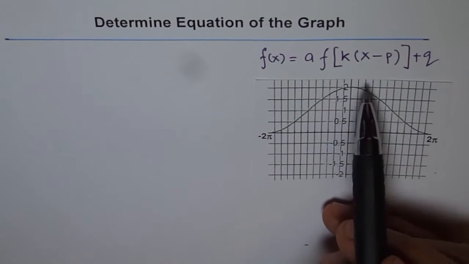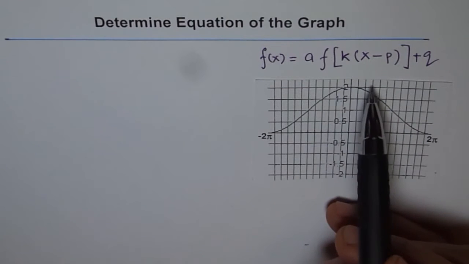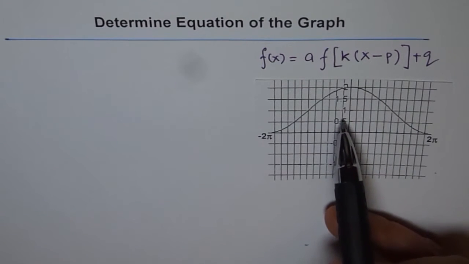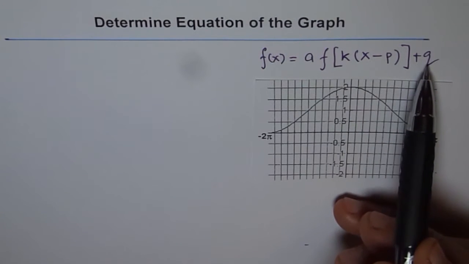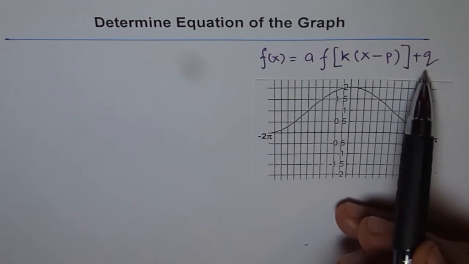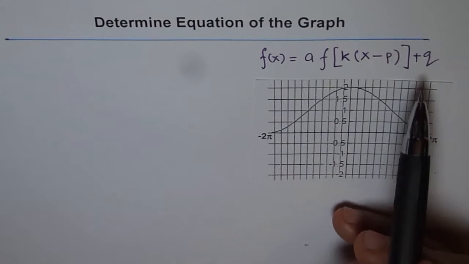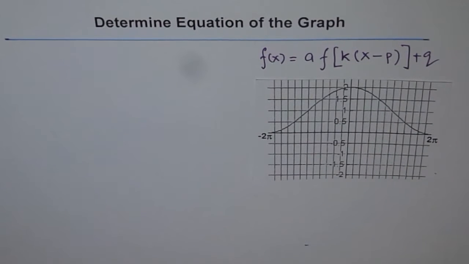It tells us how much the wave has shifted from the y-axis. And q is a vertical shift. It tells us how much the axis of symmetry has shifted from the x-axis, correct? So these are the basic definitions of the coefficients associated with the general equation for a sinusoidal function.